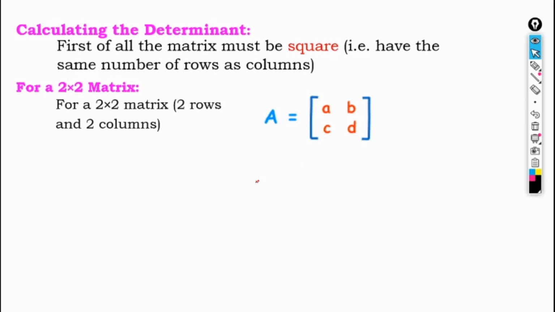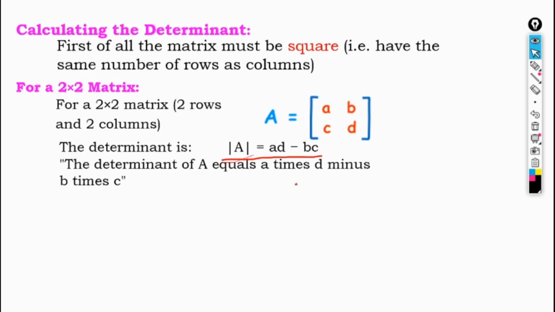So that is a times d minus b times c. We calculate a into d and b into c. Observe that along this arrow we have a positive sign, and along this arrow we take a minus sign. So it is ad minus bc.